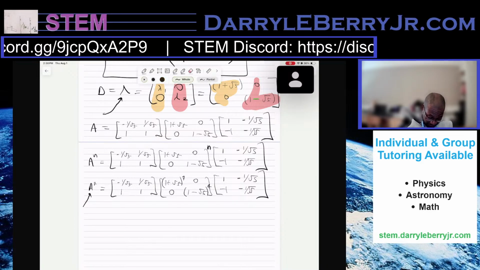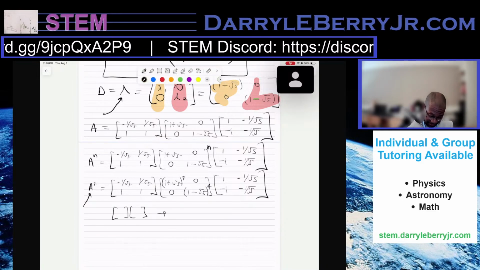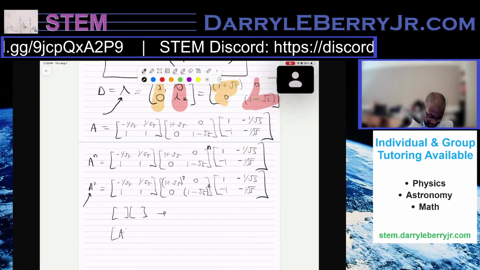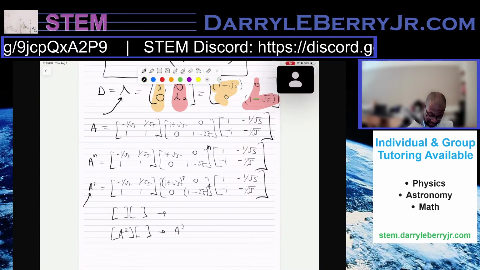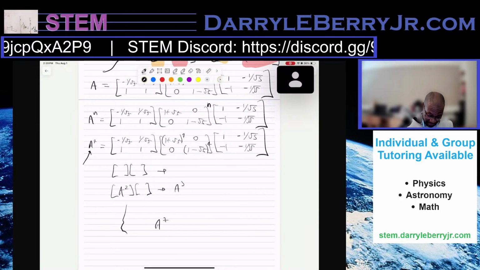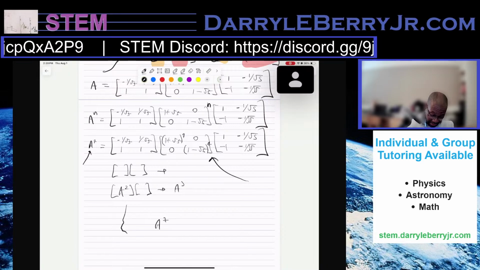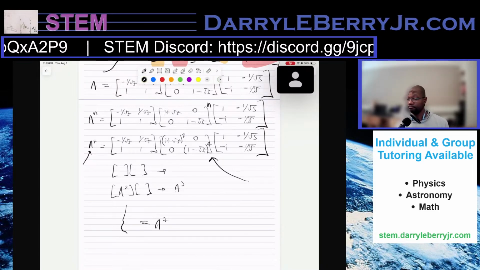It'd be the same thing as if we took A and multiplied it manually: we have A squared and multiply by A again, and now we got A cubed. If we did that 6 times and got A7, it'll give us the same thing as just multiplying these 3 things out. So that's what that's about.